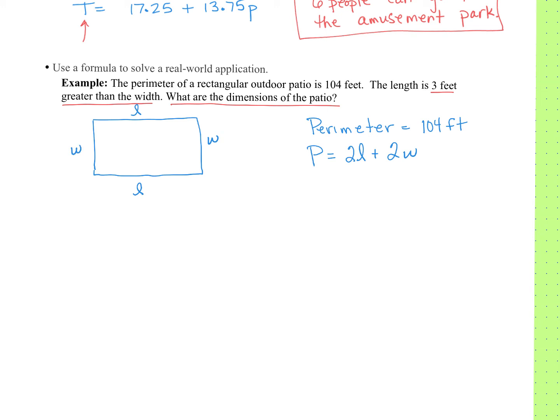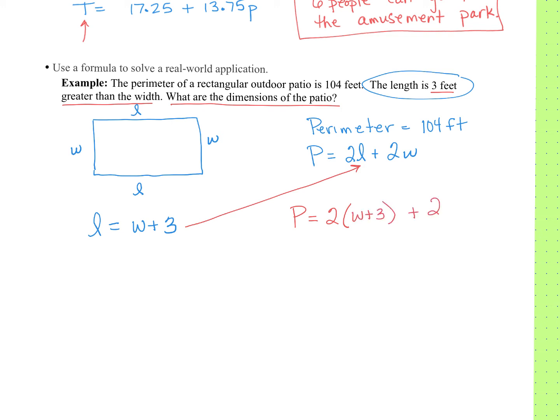Now it's telling me that the length is 3 more than the width? Is the width plus 3? So rather than writing this equation with an L in there, I'm going to write it as 2, and then our L is W plus 3 plus 2W.